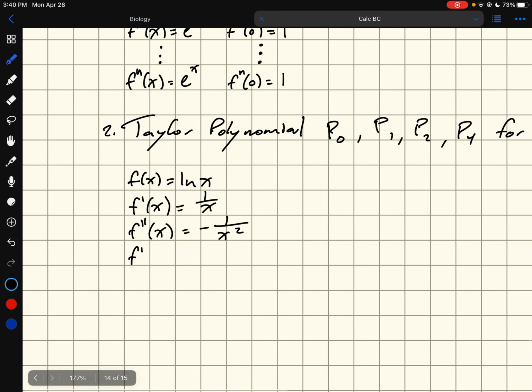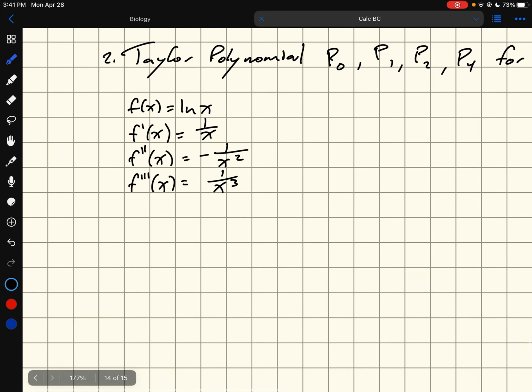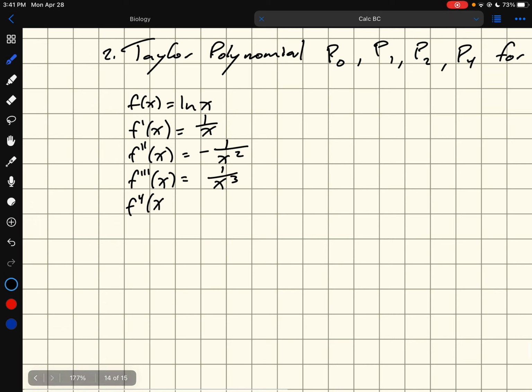Now, third derivative. It's going to become a positive, since this is technically x to the -2. And then decrease the exponent again. And then fourth derivative, our final derivative, is going to be -1 over x to the 4th.